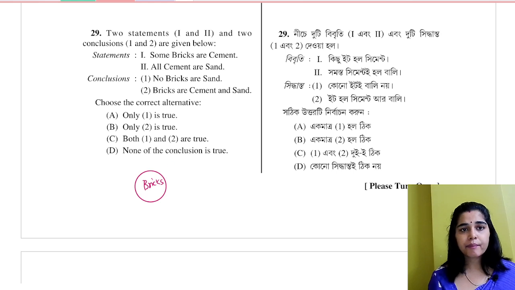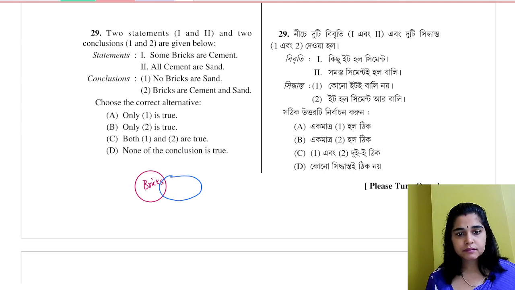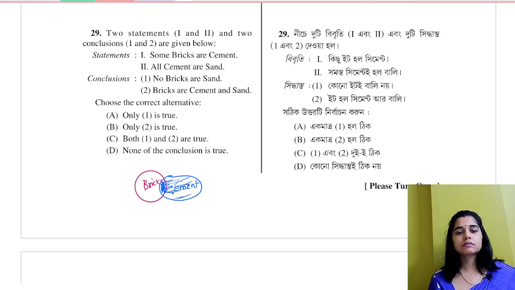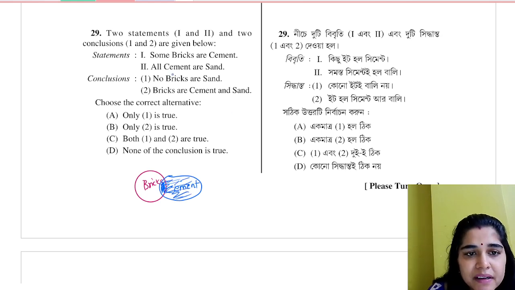Some bricks are cement. This is the brick, and here some bricks are cement. The whole is cement also. So this is cement, and now this one is done.